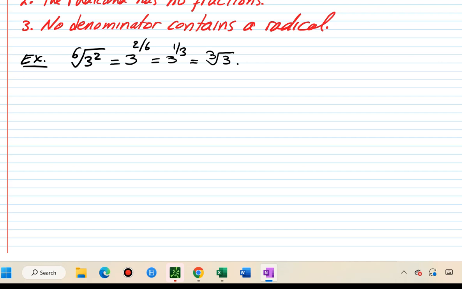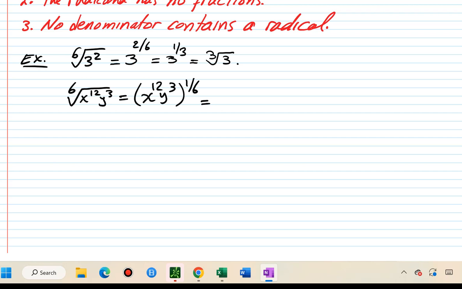Let's say I want to do something like this. What if I have the 6th root of x to the 12th and y to the 3rd? Again, I can write this as x to the 12th, y to the 3rd, to the 1/6 exponent using the power rule of radicals. We rewrote it as a rational exponent.